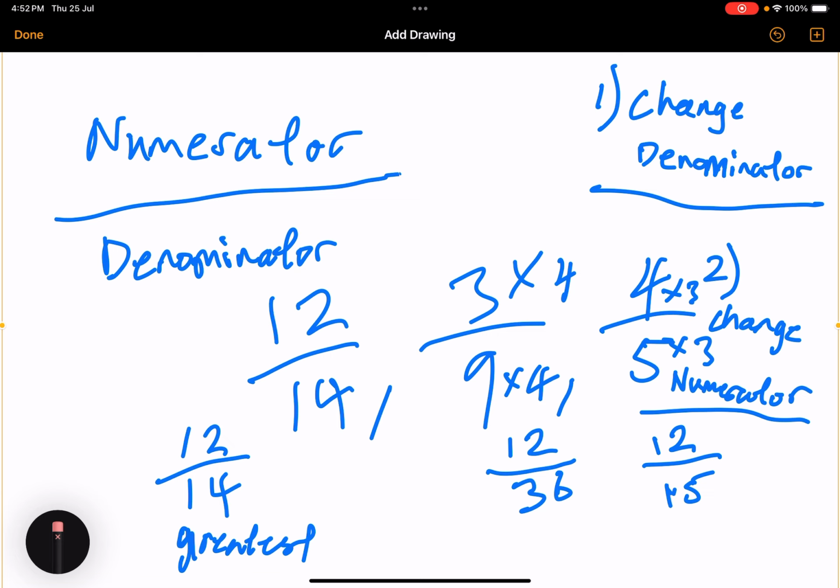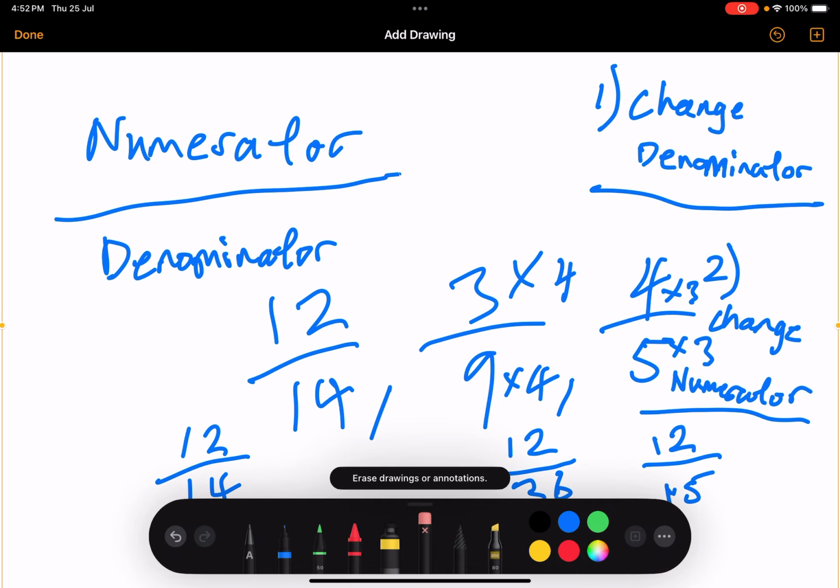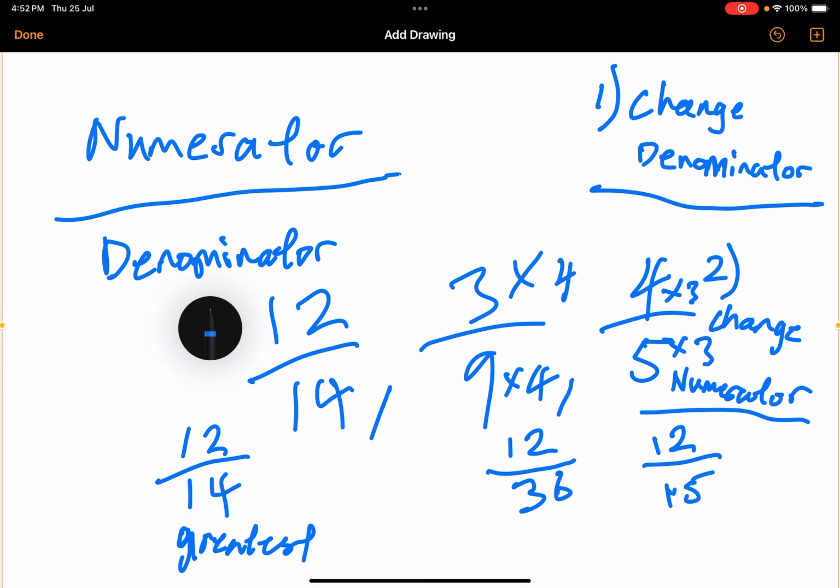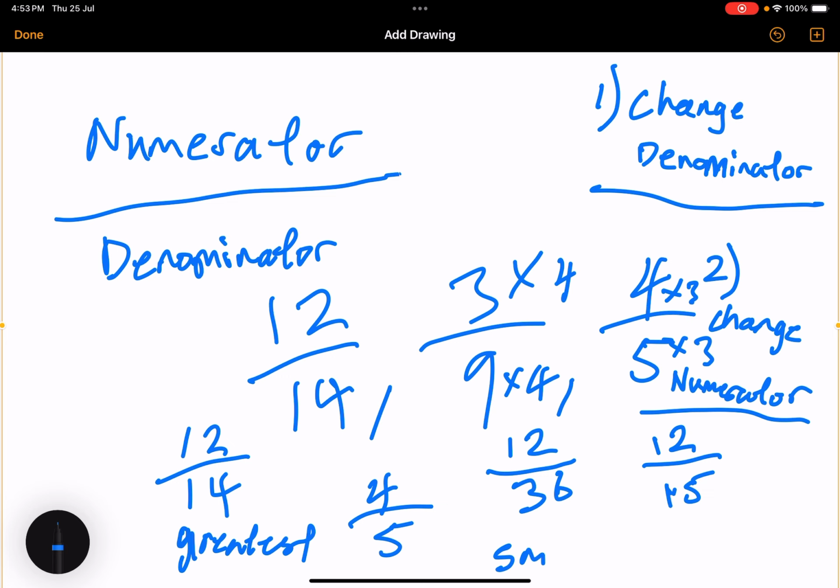So followed by 4 out of 5. And lastly, the smallest would be, we cannot do this, so it must be 3 out of 9.